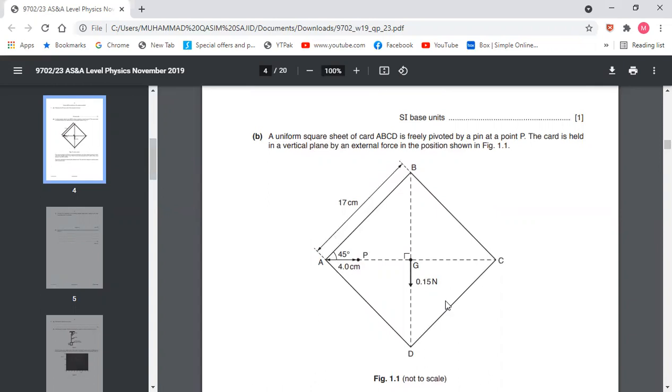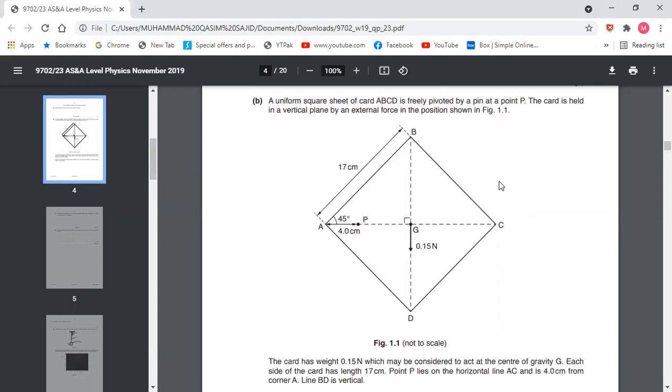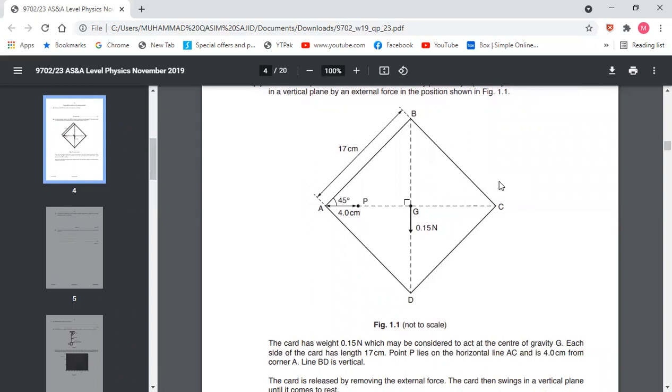So in 1B, basically the uniform square sheet of card ABCD is freely pivoted by a pin at a point P. The card is held in a vertical plane by an external force in the position shown. This is basically figure 1.1.